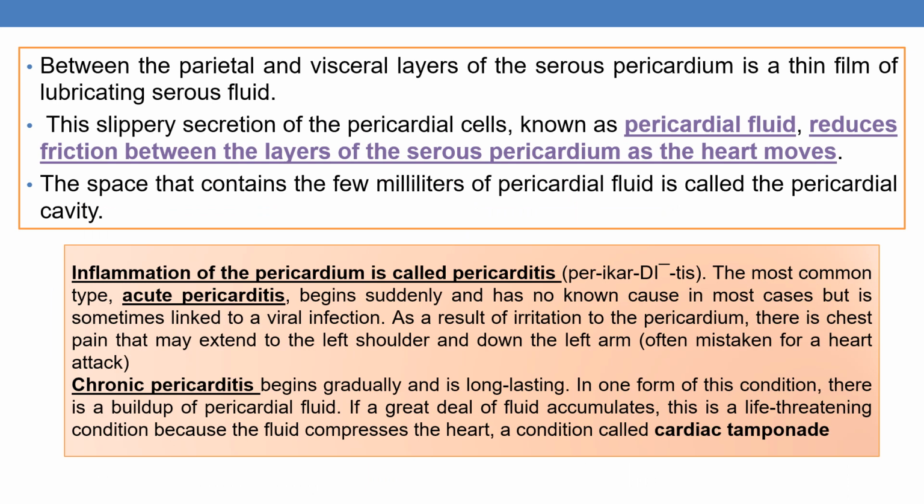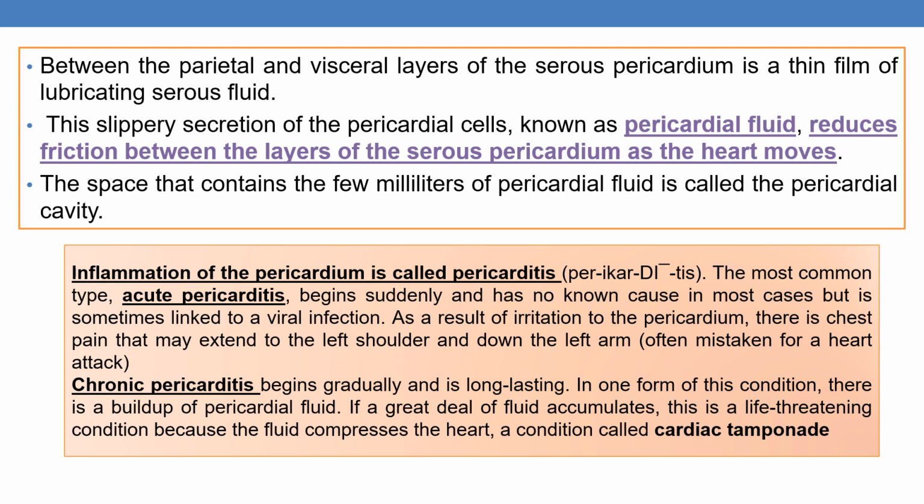The serous pericardium is divided into parietal and visceral layers. The inner visceral layer is nothing but the epicardium. And between the visceral and parietal layers of the serous pericardium is a thin film of lubricating serous fluid.